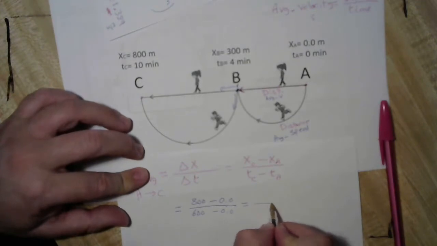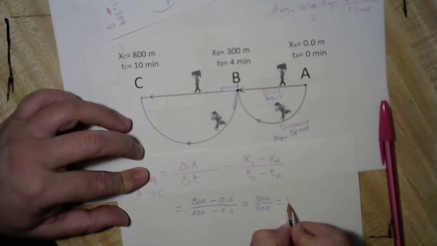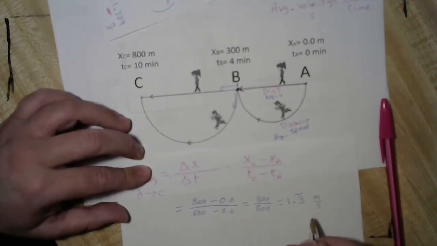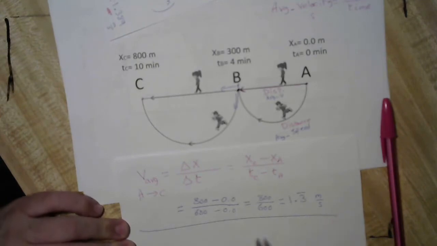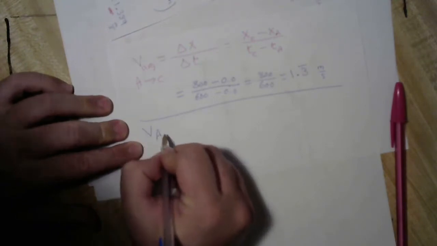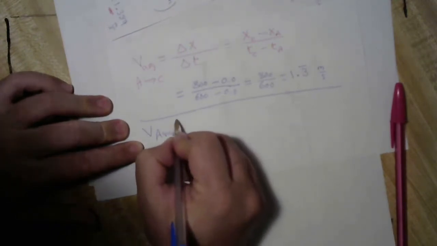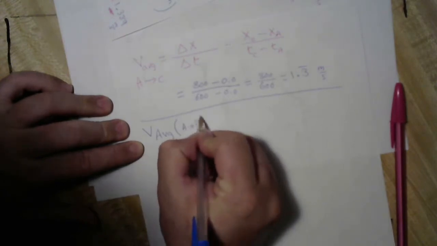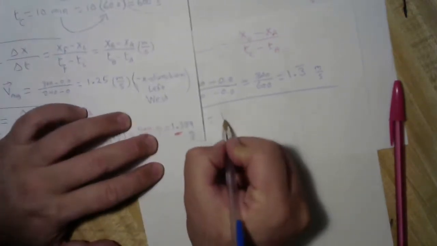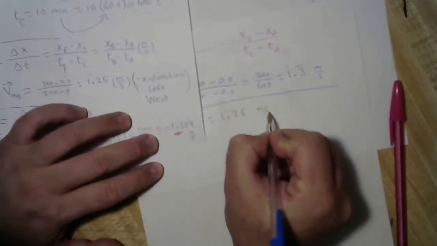Now this is equal to 800 over 600, which is equal to 1.3 meters per second. This is the average value. We have three average values. Average value V average from A to B is equal to, as we computed now, 1.25 meters per second.